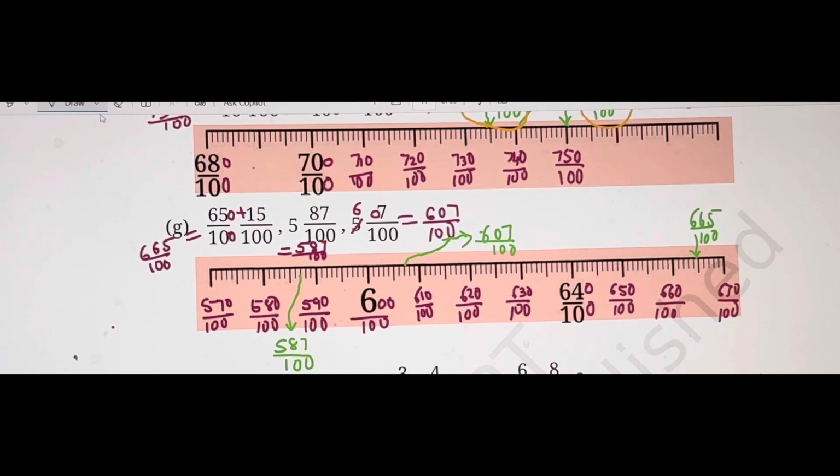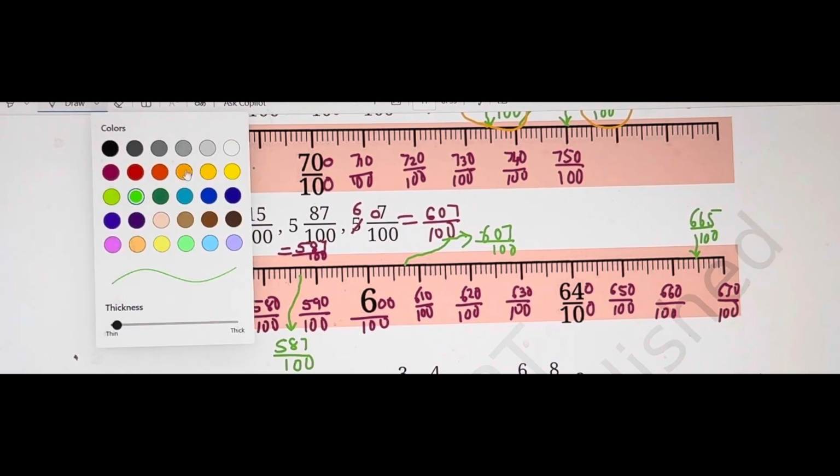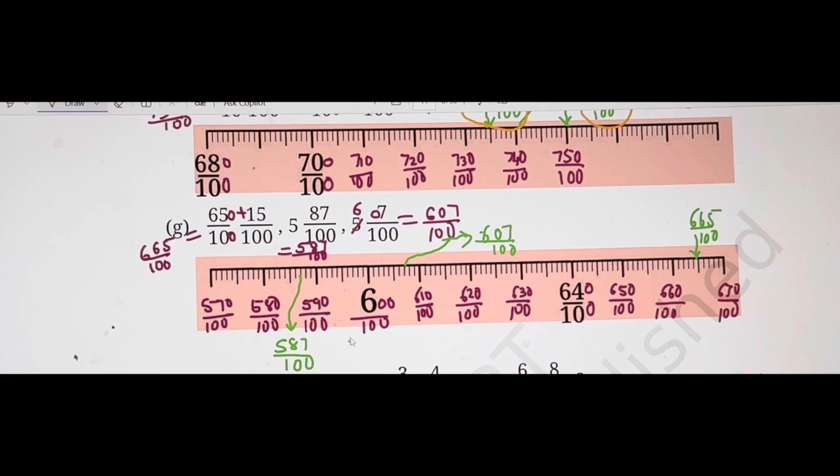I marked all the three. So now let us just identify the shortest and the longest, which becomes easy after marking. So the one which is on the left hand side will be the shortest. So 587 upon 100 is the shortest. And this is on the right hand side will be the longest, right?